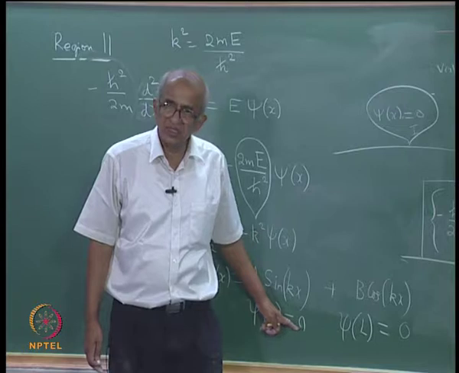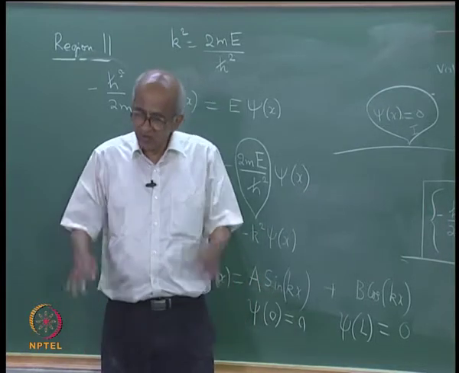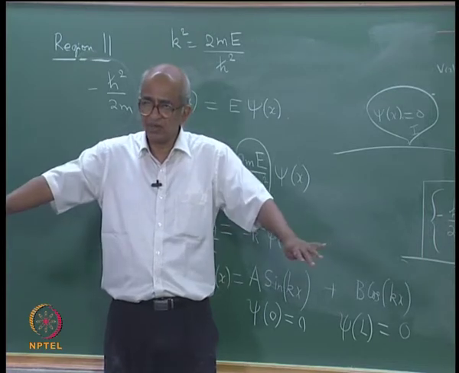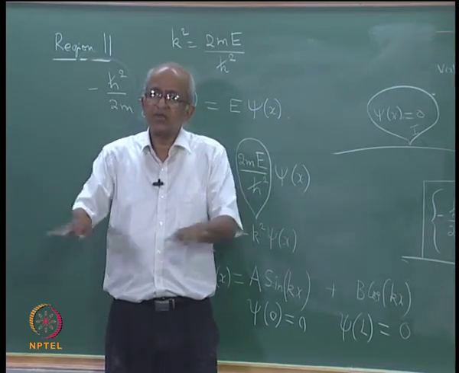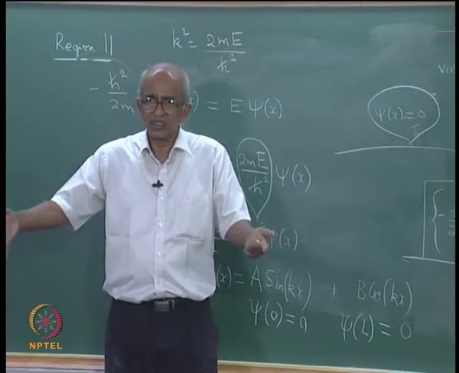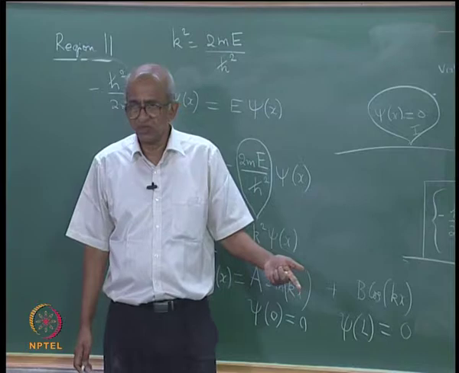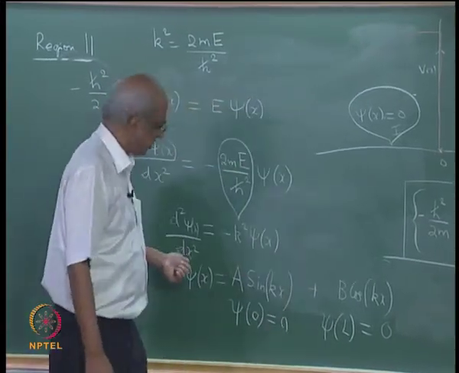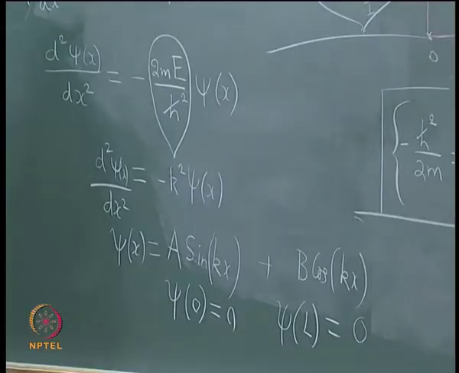The wave function should be equal to 0. Why? Because outside the box the wave function is 0 everywhere, so in order that the wave function is continuous even at the boundary, it has to be equal to 0, correct. So we now will impose these two conditions on the wave function and see what the result is.